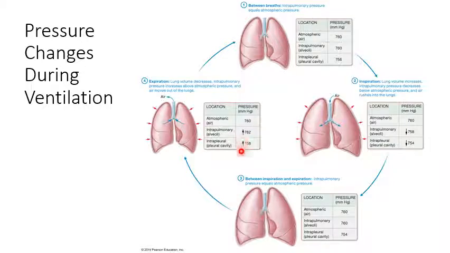Intrapleural pressure has also gone up, but it remains lower than intrapulmonary pressure. At this point, air is going to flow down its pressure gradient from the alveoli out to the atmosphere, leaving the lungs. As the air leaves, the pressure in the lungs goes down as well until it equals atmospheric pressure, and there you're back where you started.